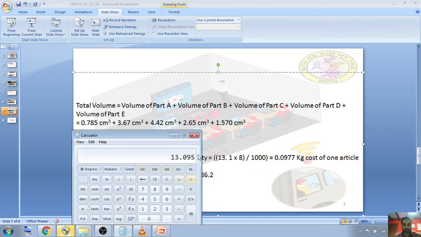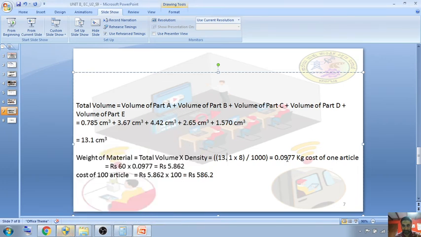So we are assuming the density as 8. Multiplied by 8, divided by 6000, equals 0.104. So 0.104 kg is required.